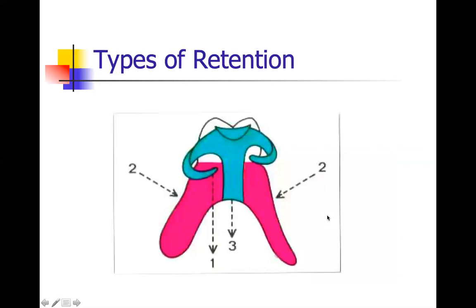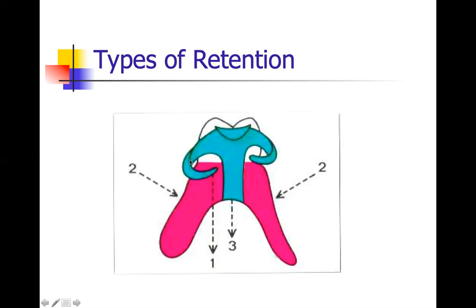There are 2 types of retention, primary and secondary. Primary retention for the removable partial denture is accomplished by placing a direct retainer or clasp on the abutment teeth.